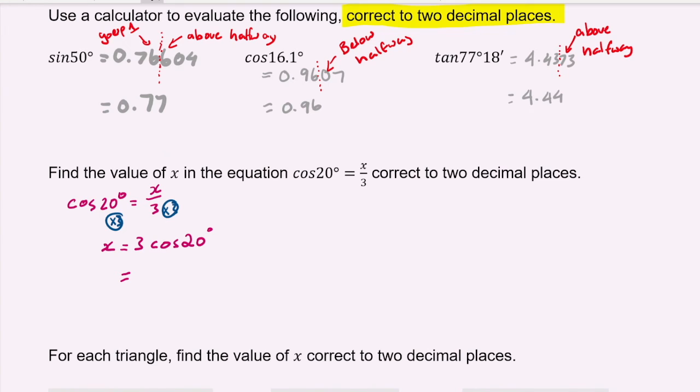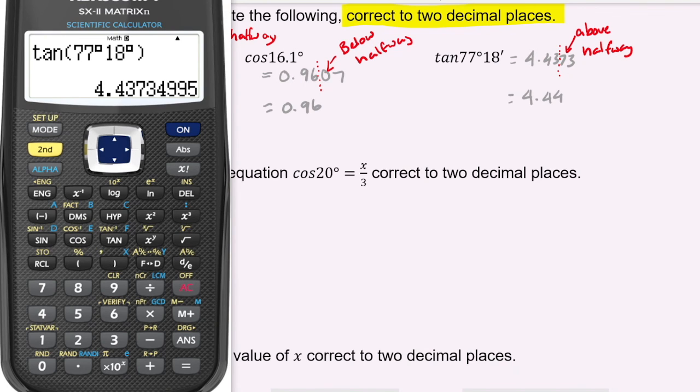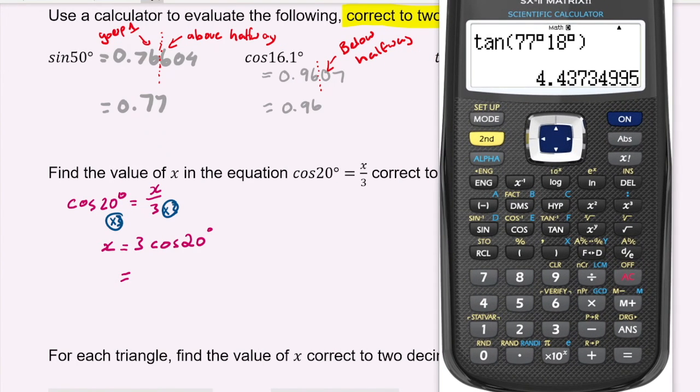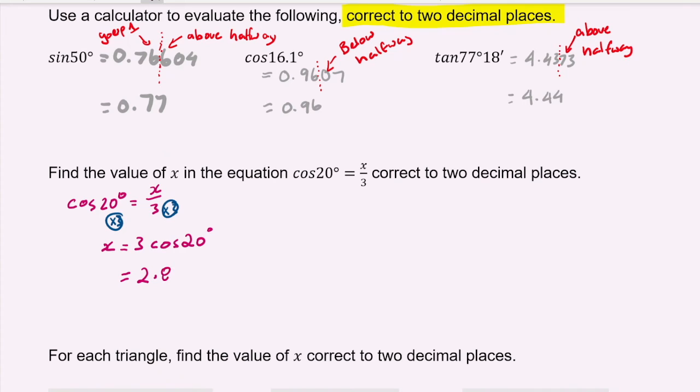Alright. So let's see again. 3 cos 20. And we have 2.81907, etc. Okay, and again we want 2 decimal places. I'm missing a number in there. Let's fix that up.